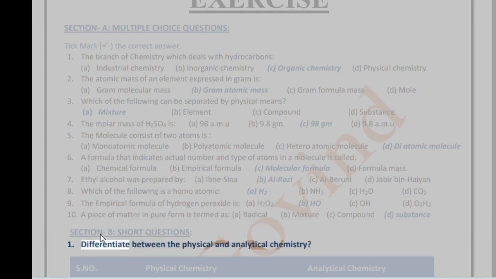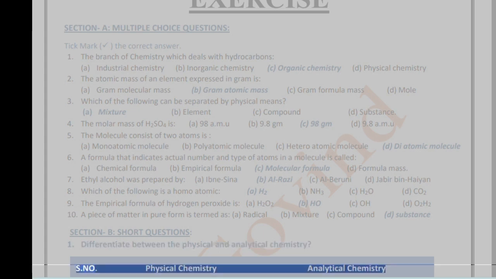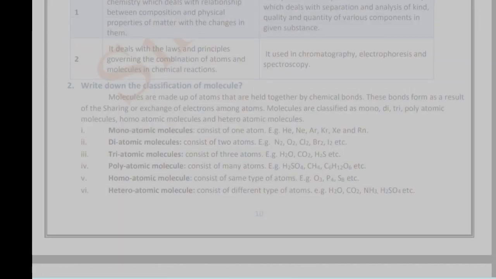Section B, Short Questions. 1. Differentiate between physical and analytical chemistry. Physical chemistry is the branch of chemistry which deals with the relationship between composition and physical properties of matter and the changes in them.